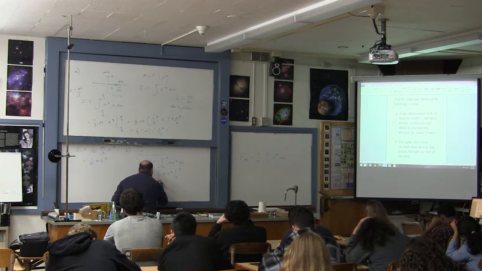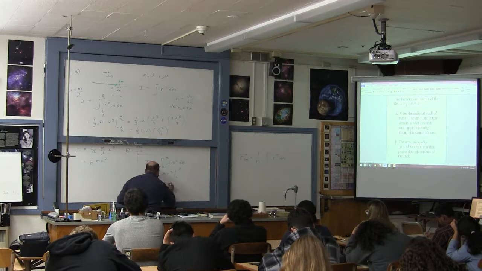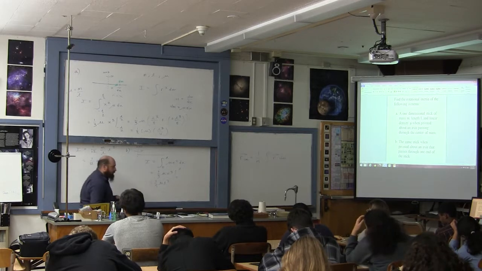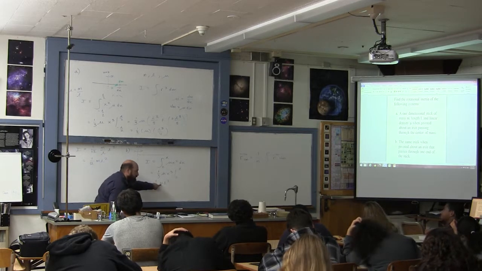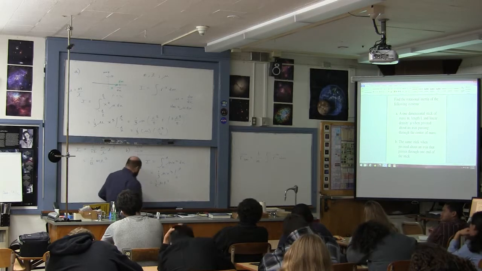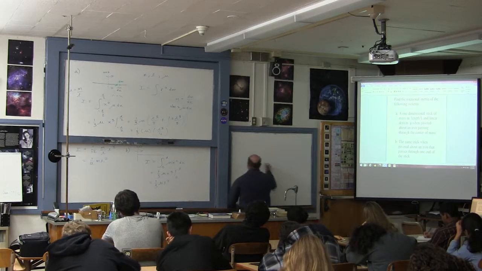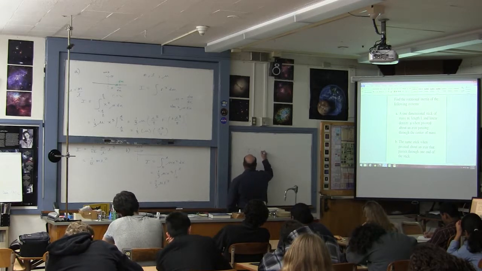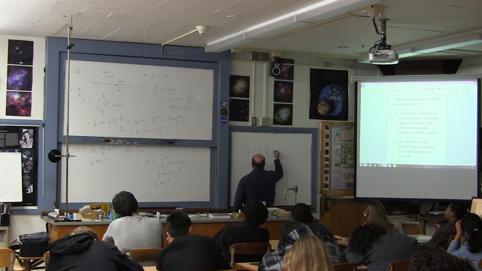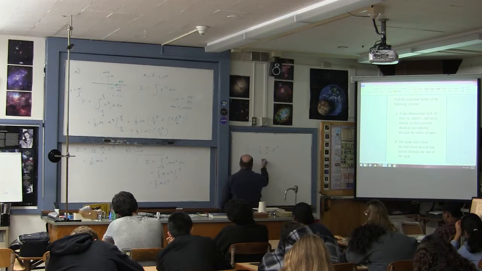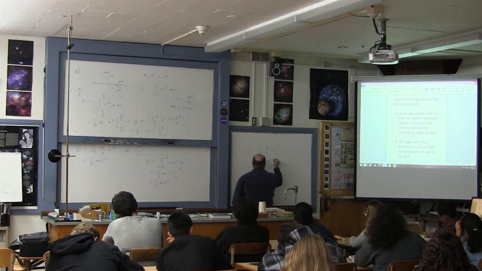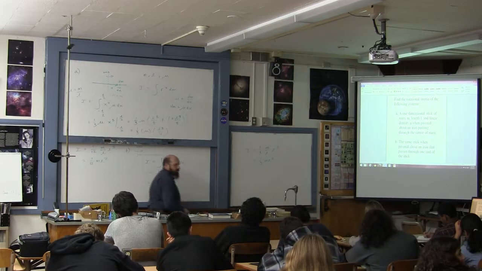And this is then 1/3 times mu times L cubed. You still have to replace the mu here with mass over length. So then therefore, I equals 1/3 times mass over length times L cubed, do a little bit of canceling, 1/3 ml squared.